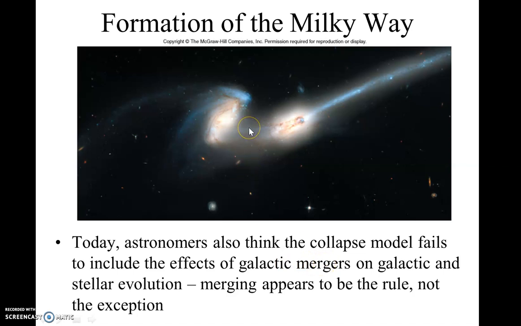So on a galactic scale, entire galaxies merged, and that merger process caused the evolution of stars to accelerate much faster than this collapse model would have allowed. Okay, we're going to see this a lot, this idea of galactic mergers, especially happening in the early part of the universe, although the mergers are still happening even today.